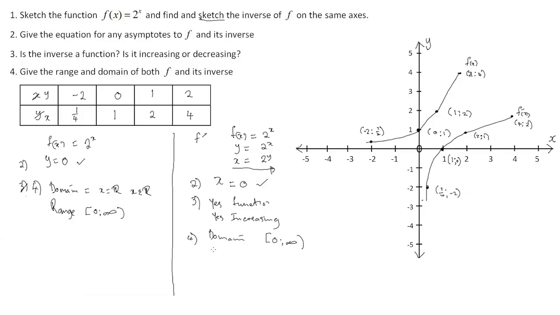And then the range, if you look at the range, can you see all y values are included? So we can say y is an element of all real numbers. Right, so did we complete that? Yes. We have the range and the domain of both the function and the inverse.